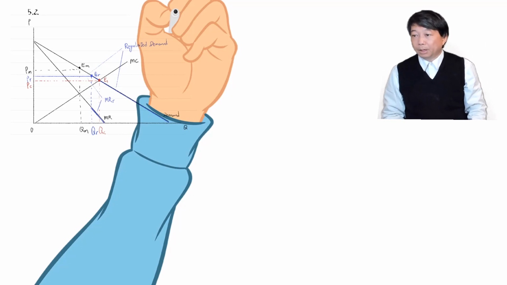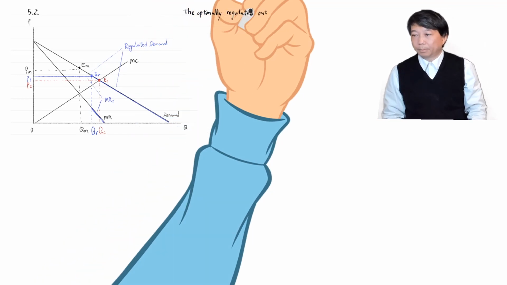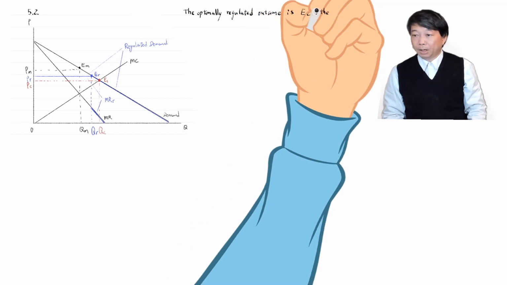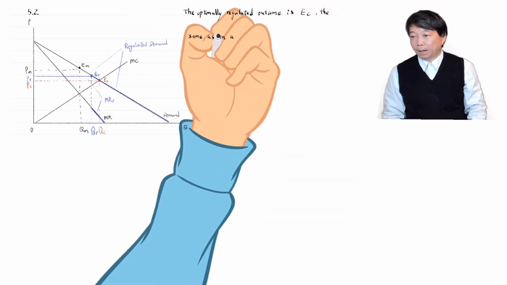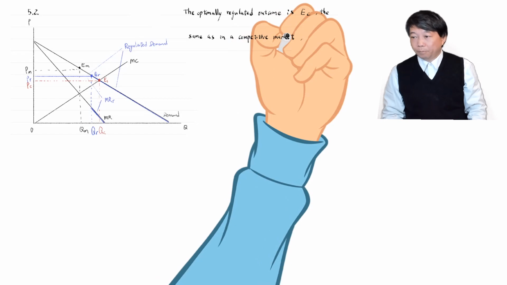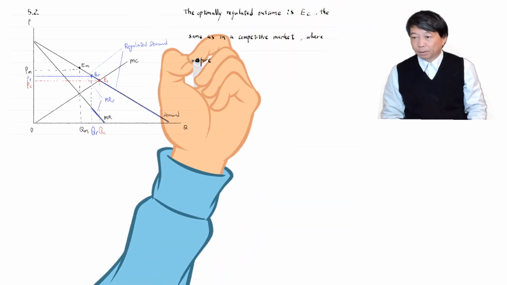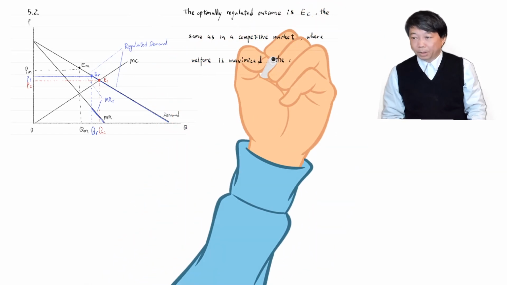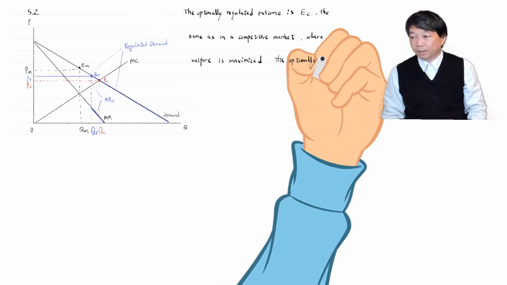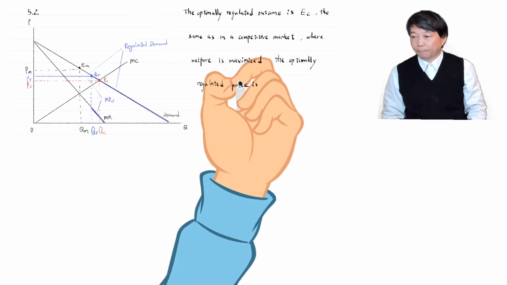The optimally regulated outcome is EC, the same as in a competitive market, where welfare is maximized. The optimally regulated price is PC, and the output is QC.